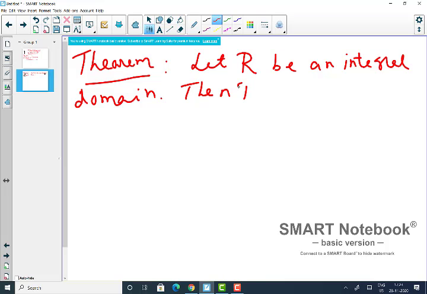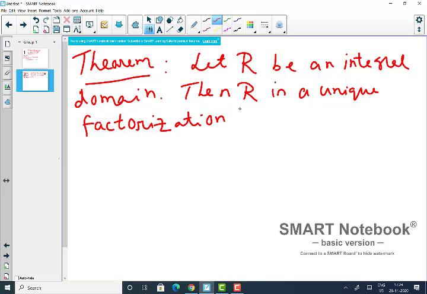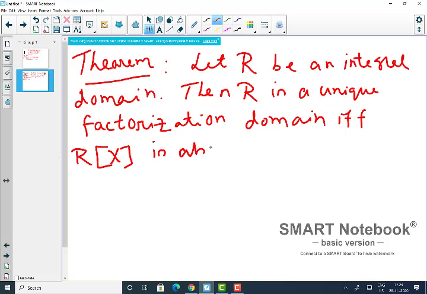Then R is a unique factorization domain if and only if R[x] is also a unique factorization domain. So R[x] is what? The polynomial ring over R. Okay, R[x] is also a unique factorization domain.